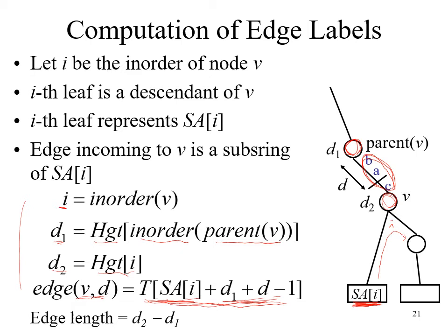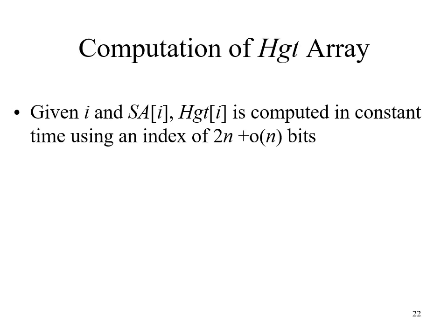So this is not constant time if SA is compressed, but we can compute it in order log n time. And we can also compute the edge length by just D2 minus D1. So if we have the height array, then we can compute the edge labels. So now we consider how to compress the height array.